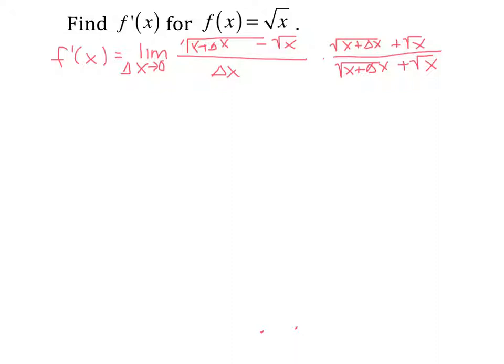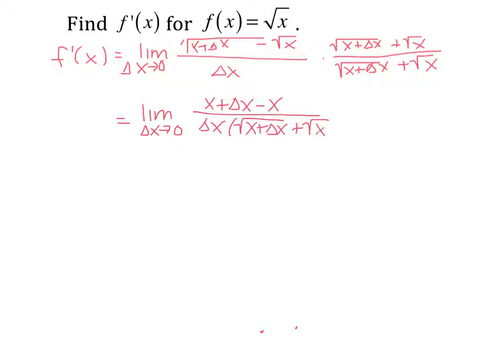When we multiply that out, we get the limit as delta x approaches 0 of x plus delta x minus x, all over delta x times the quantity root x plus delta x plus root x. These x's cancel, delta x's cancel, and we're left with 1.